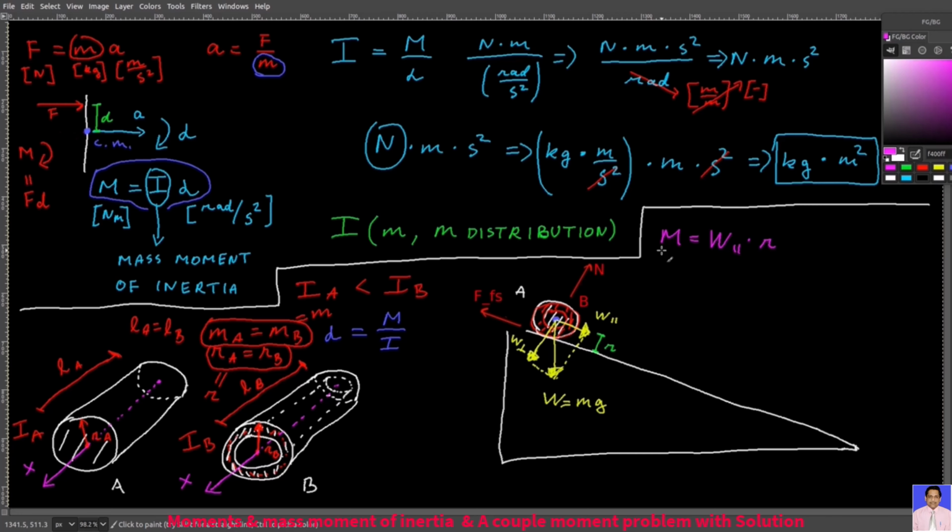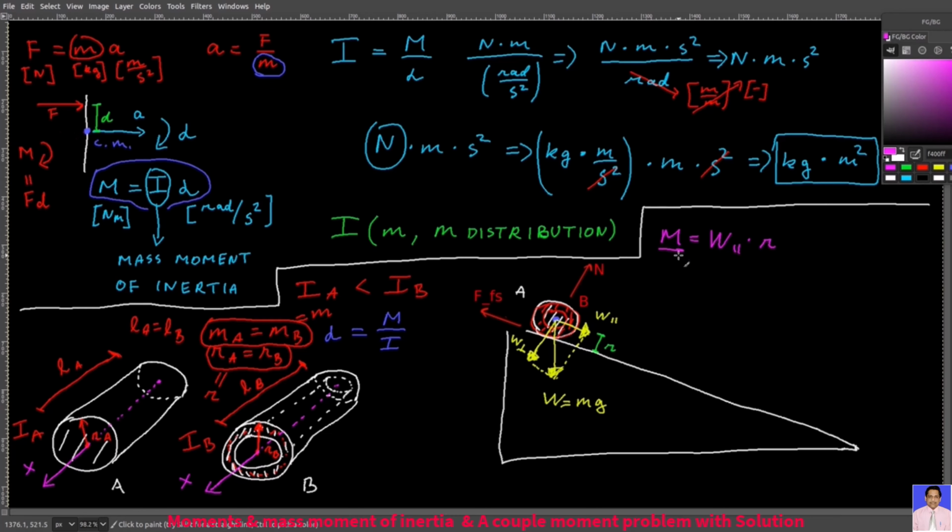The cylinder only goes down due to rotation and not due to sliding. If there was no friction force between the cylinder and the ramp, the cylinder would still go down, but it wouldn't rotate, it would just slide down. But since there is this static friction force, you have a moment that makes the cylinder rotate.